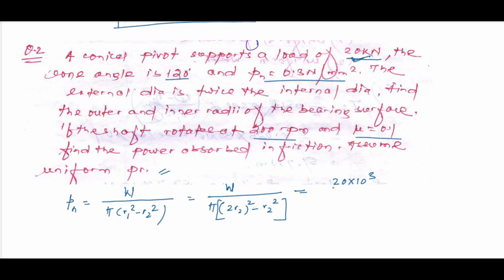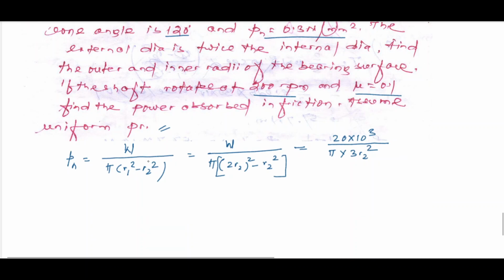So 20 into 10 to the 3 divided by pi into 3 R2 square. Now Pn is given. So substituting all values, you will get R2 equal to 84 mm.